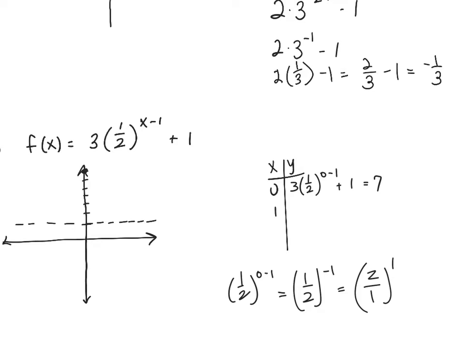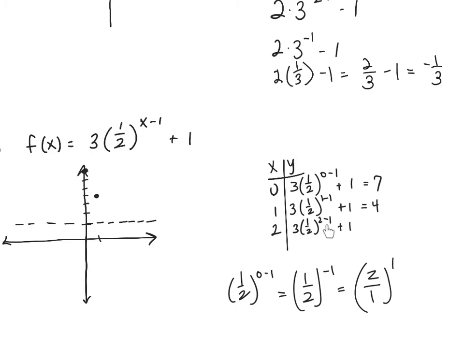Now, if x equals 1, then we have 3 times 1/2 to the 1 minus 1 plus 1. So here we have 1 minus 1, which is 0. 1/2 to the 0 power is 1. 1 times 3 is 3. 3 plus 1 is 4. So 1 comma 4. Okay, if x equals 2, we're going to have 3 times 1/2 to 2 minus 1 plus 1.